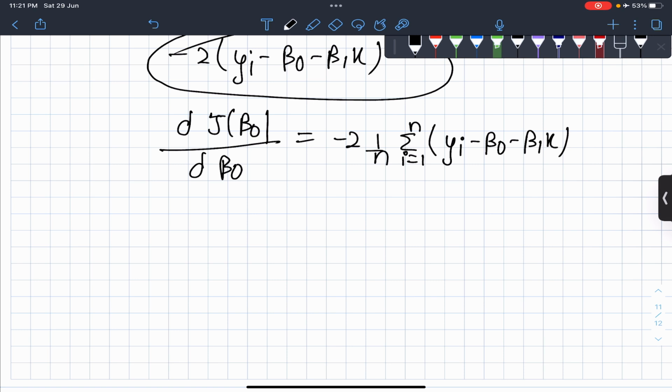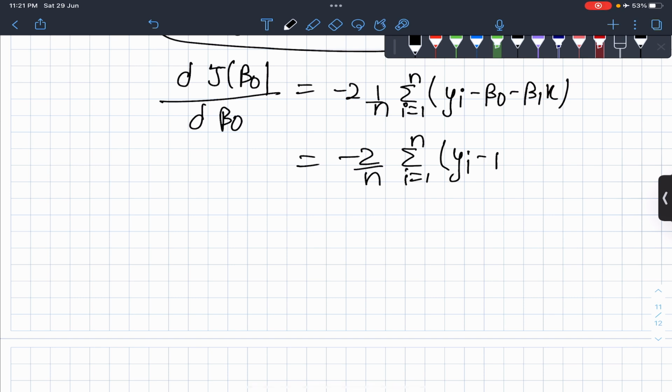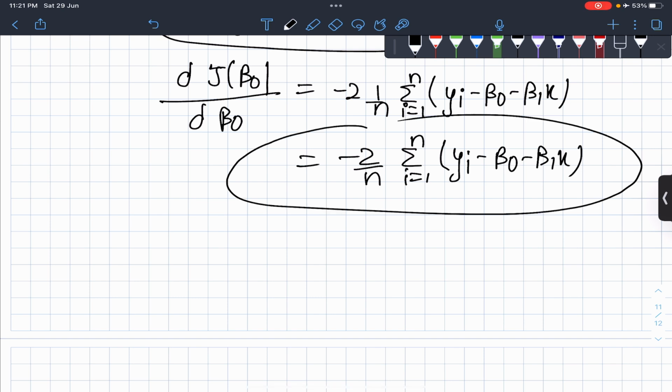Did we have any issue in finding it? No. So the final is minus 2 by n, sigma of this, with respect to beta 0. This is the derivative of it.